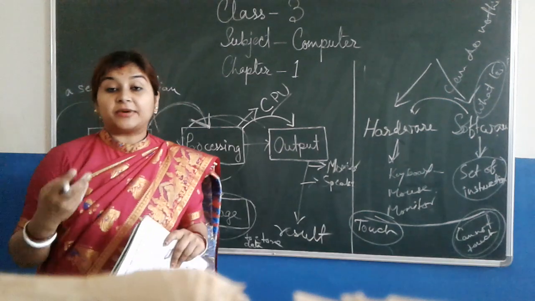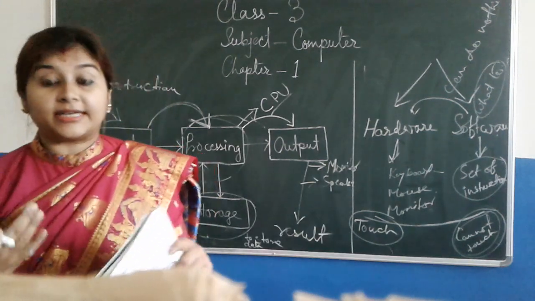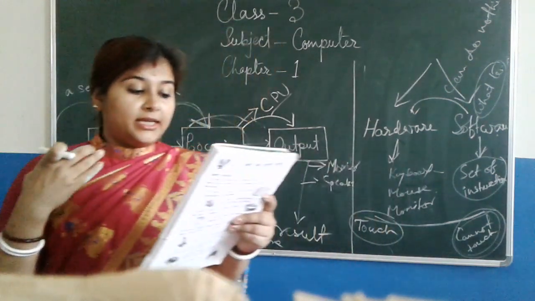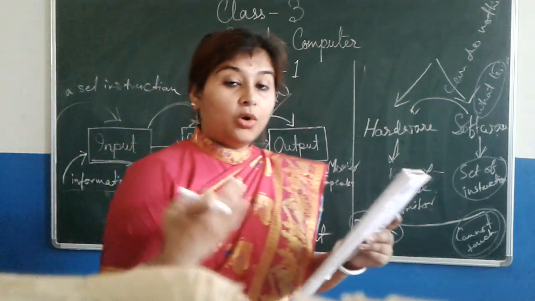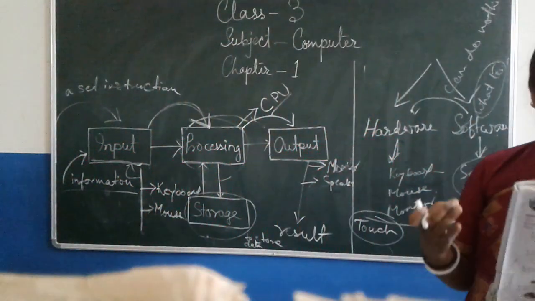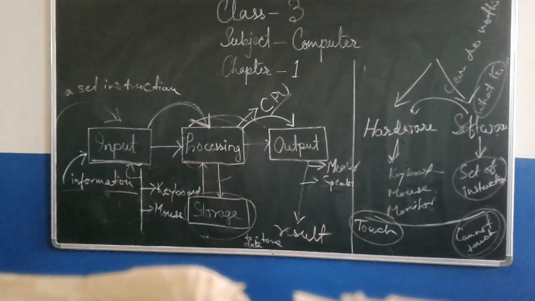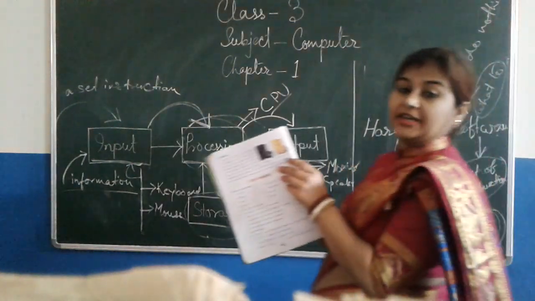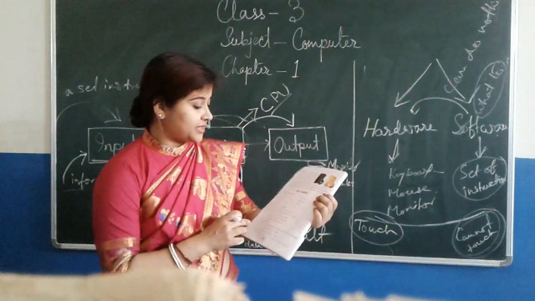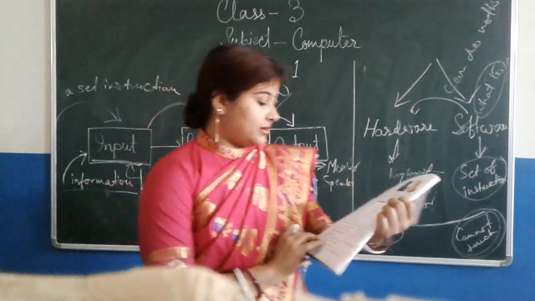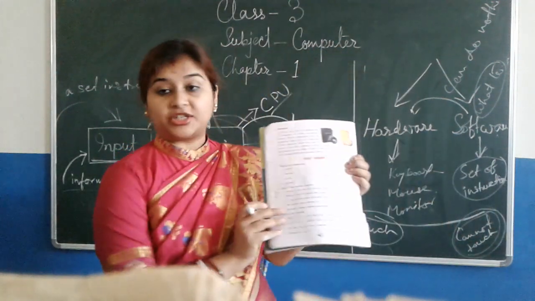We have to install or load the software program within the computer. So up to this we finished the chapter. First chapter is finished. In the next class I will give you the question answers.